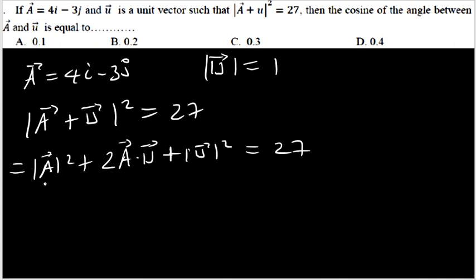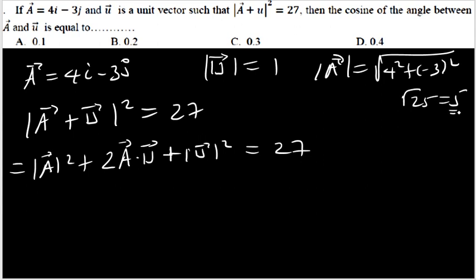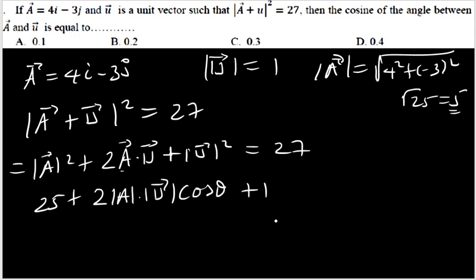Okay, magnitude of A, we can find it. We square each of the components in the square root. 4 square plus negative 3 square, 16 plus 9, which will be 25, the square root, that's 5. So 5 square is 25, plus 2 times A dot u, which means magnitude of A times magnitude of u times cosine of the angle theta between A and u, plus 1, which is equal to 27. Now 25 plus 1 is 26.